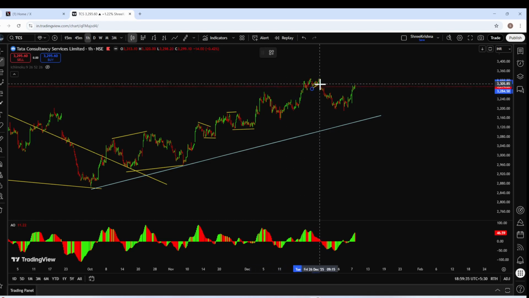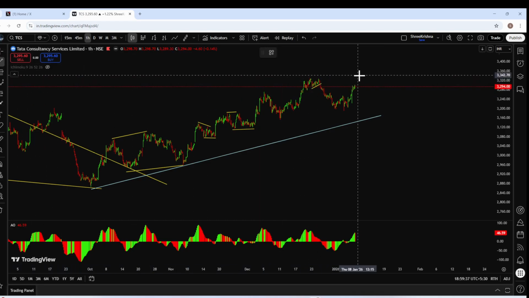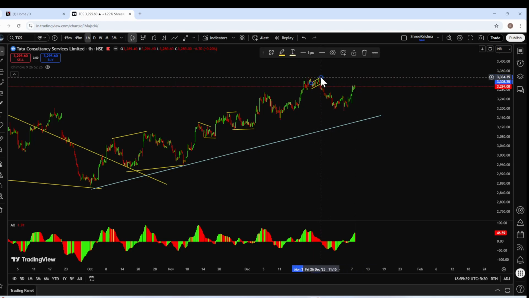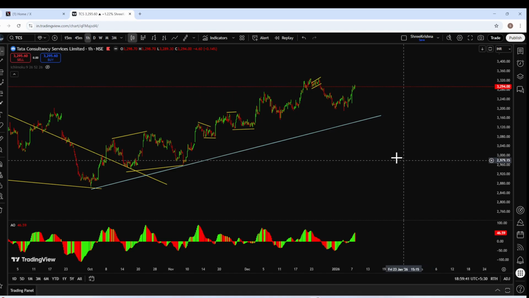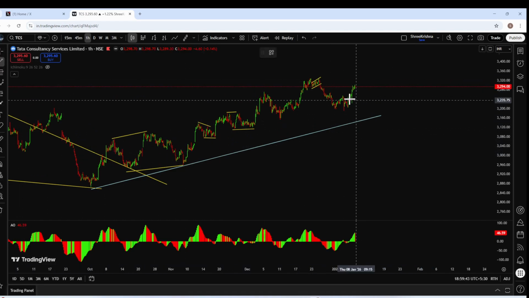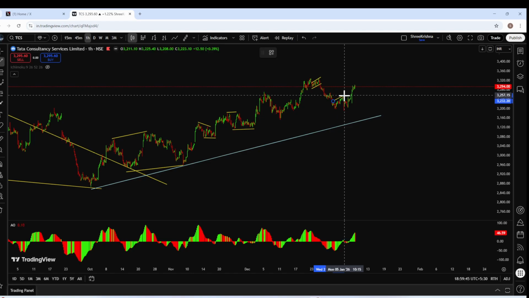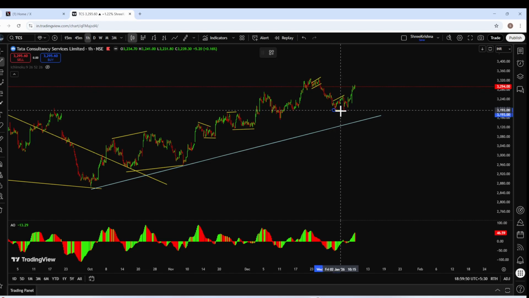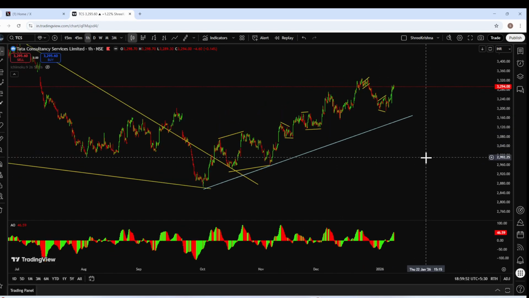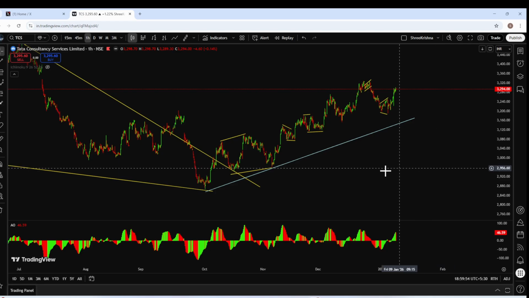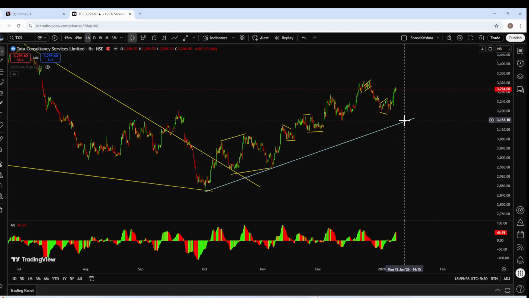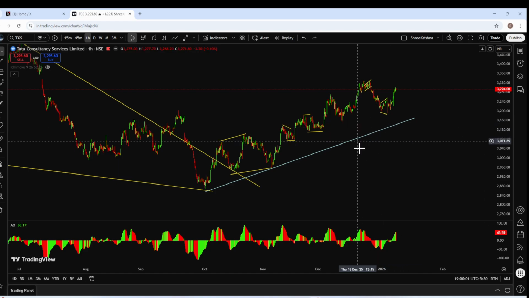So from here it started correcting, and when we see that it has started correcting here, we expect the trend to come down and tag somewhere around 3162, because we have an expanding flat here.